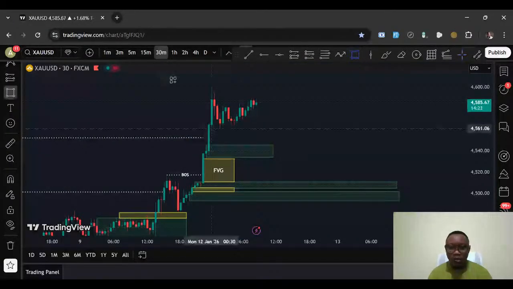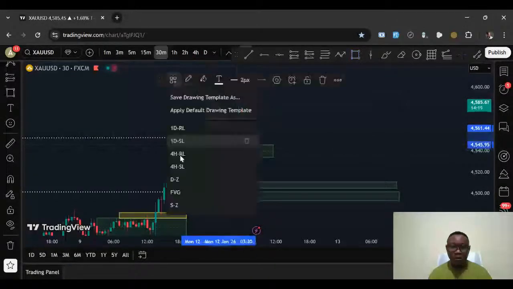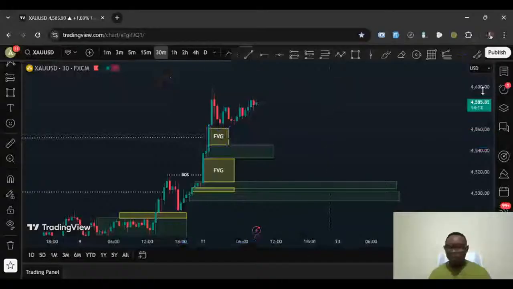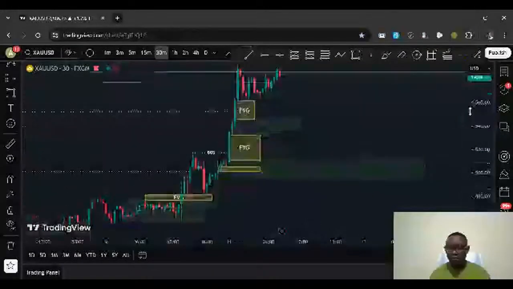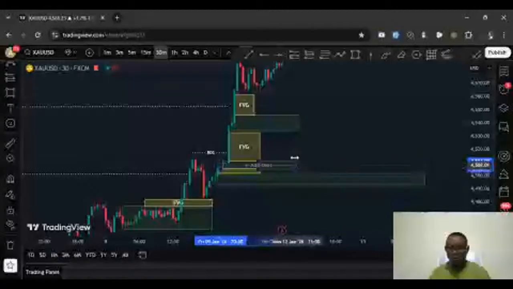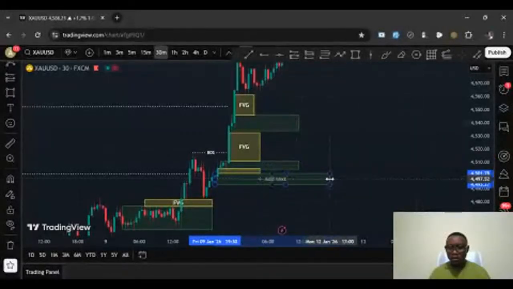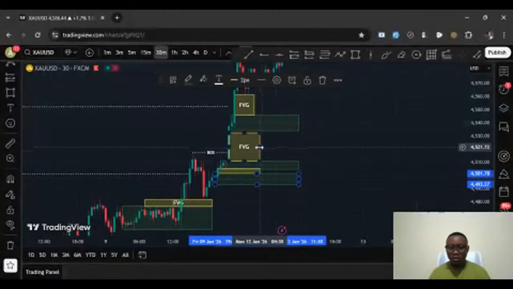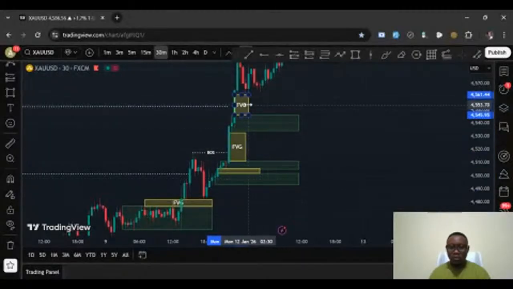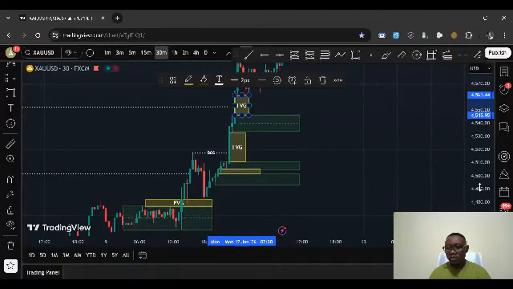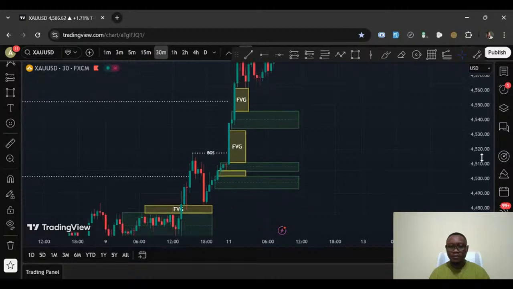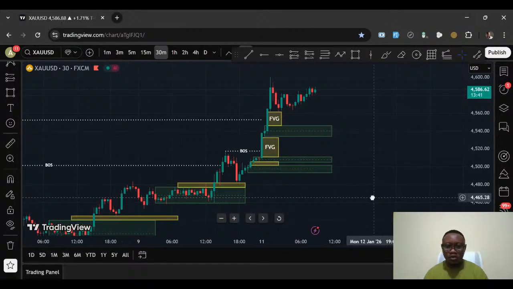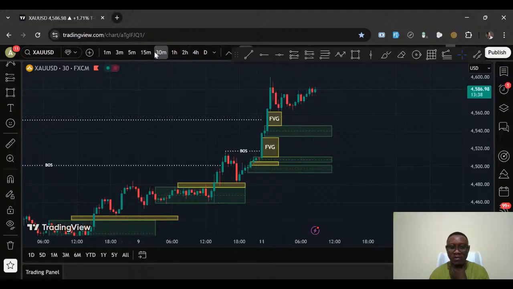Okay, we have our FVG, which, all right, okay. So again, we've been able to mark out our other block zones on the 30-minute time frame.